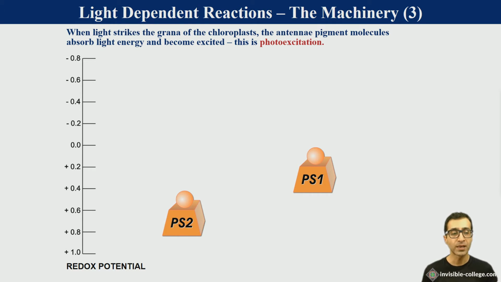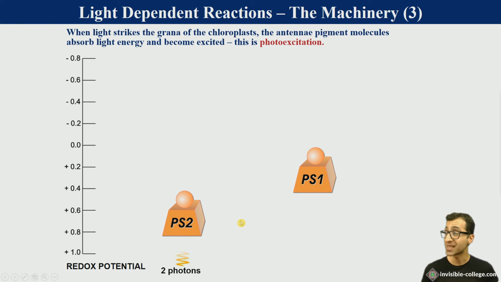By absorbing light energy, the electrons within those pigment molecules enter what we would refer to as an excited state. This is a concept which you have probably been learning about from, I would say, year 9 onwards: the idea that electrons exist within atoms at discrete energy levels, and in order for an electron to jump from a lower to a higher energy level, it needs to absorb enough energy in the form of an electromagnetic wave or a photon to promote it from that lower energy level to a higher energy level.